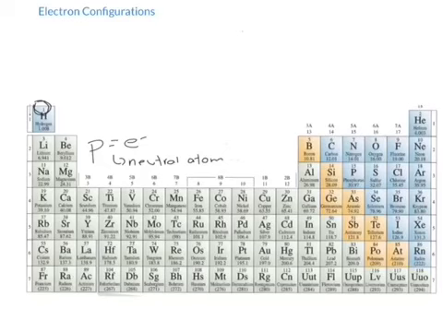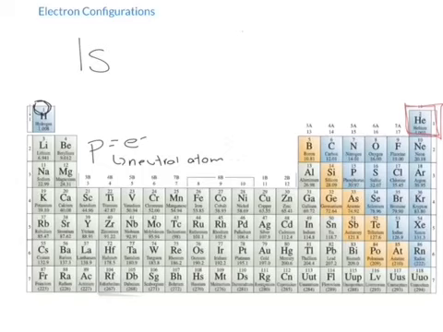Say, for instance, I take helium, over here on the right side of the periodic table. I know that it has 2 protons. For a neutral atom, it must have 2 electrons. So in order to determine which orbitals those are in, we start with the lowest principal energy level, which is 1s. 1 is the principal energy level, and s is the subshell it will be in.